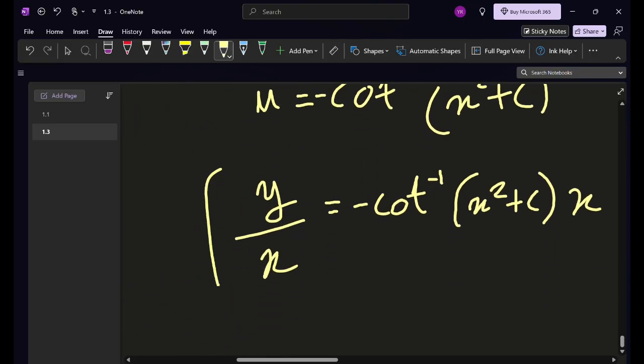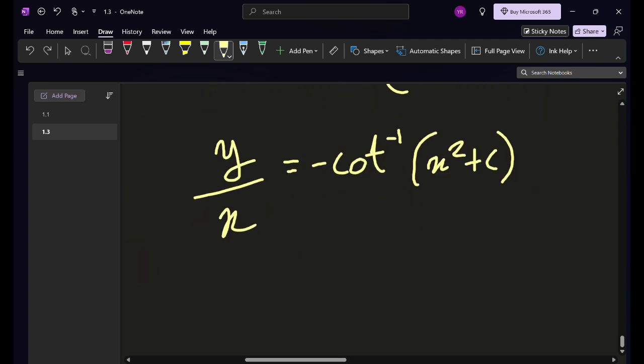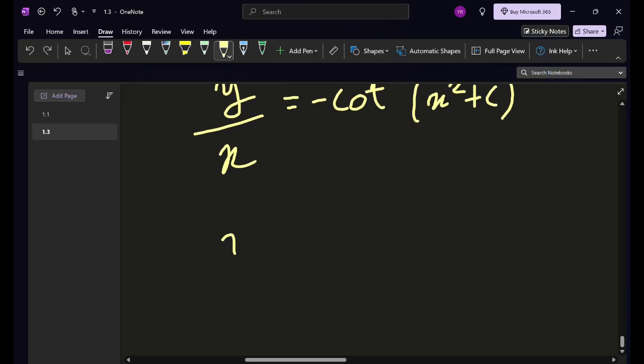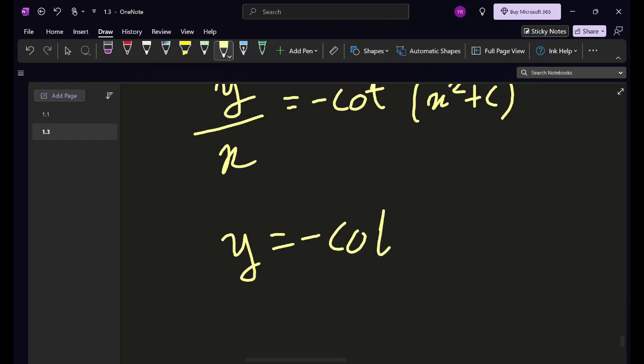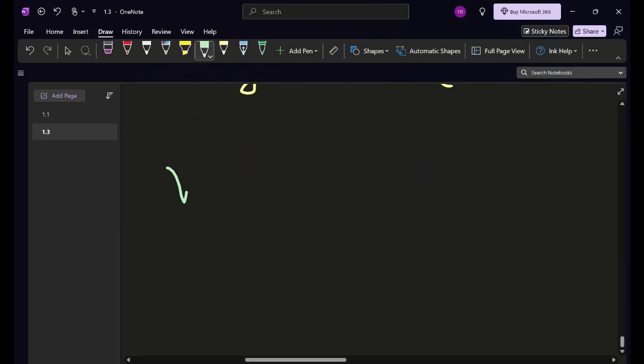So this is our solution. We can take this as a solution, or we can write it in terms of y. So it's gonna be y is equal to minus x cot inverse of x square plus c.